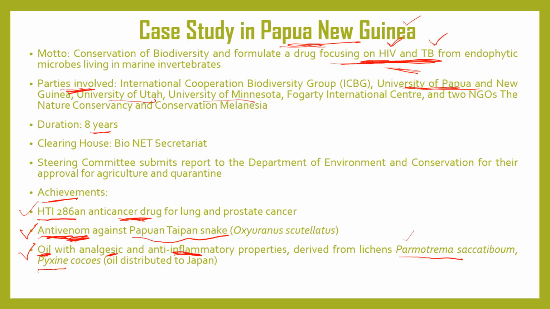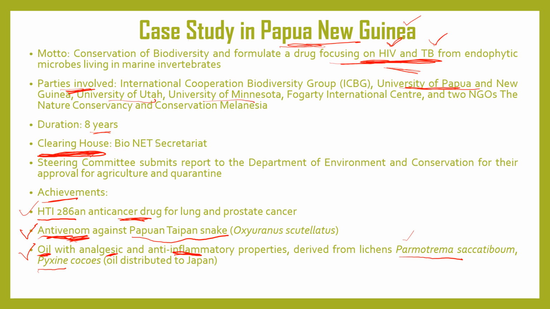And apart from these medicinal achievements, this Nagoya Protocol also has one basic thing, that is enlisting of the biodiversity. So they have a clearinghouse. Any member of the Nagoya Protocol who is a signatory has a clearinghouse that provides online information about the biodiversity of that country.